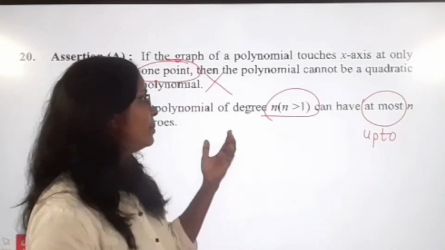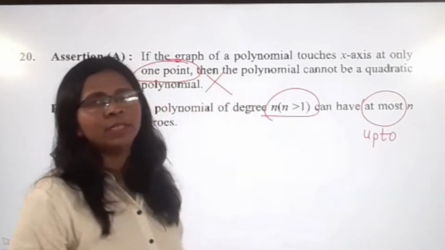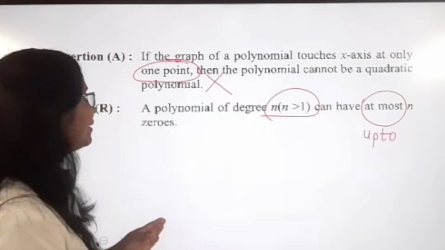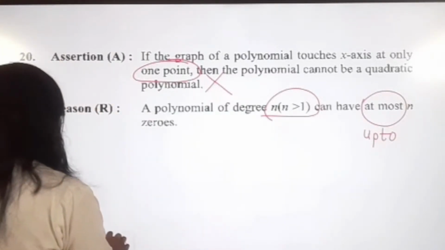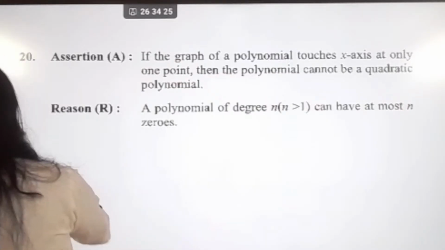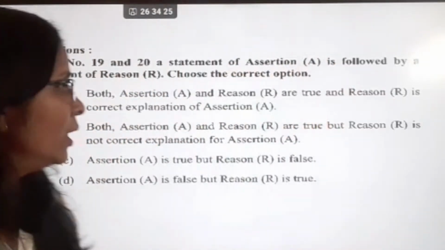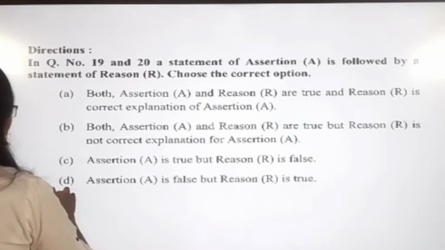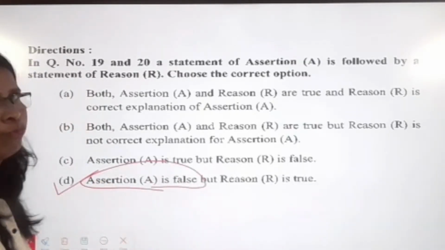So here, students, the given condition is degree n greater than 1. We can say that the reason is true, and so that's why our correct option is D, because the reason is true but the assertion is false.